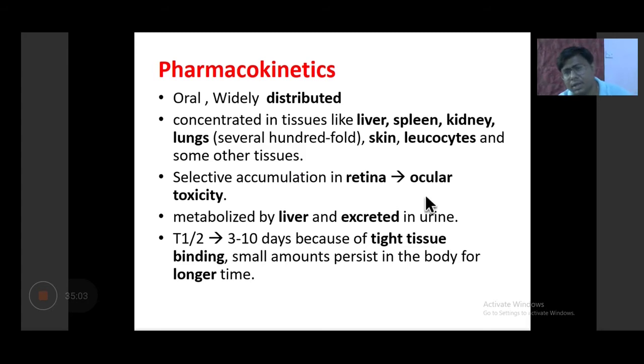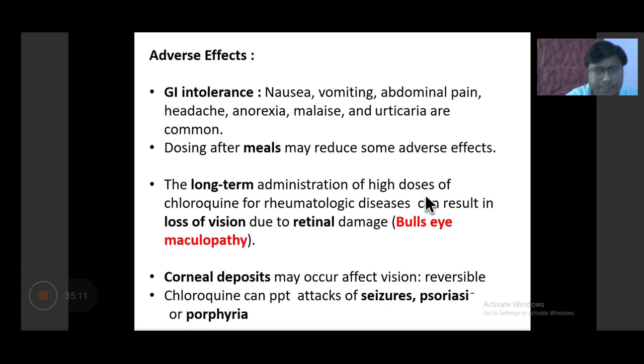That's why, just to increase the concentration of chloroquine, we give the loading dose of chloroquine. Otherwise, one daily dose is sufficient. Adverse effects, the common ones, are GI side effects, which you all know, as all the antimalarial drugs cause GI intolerance, like nausea, vomiting, abdominal pain, headache, anorexia, malaise, urticaria.